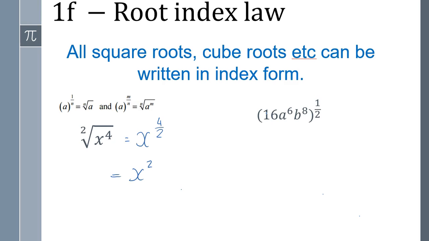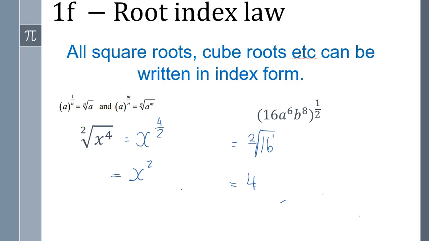Okay, but what we can do, we know that a half, we can rewrite it like this. So we can actually write square root of 16. Okay, so the square root of 16 is 4. So in that case, transferring it from an index format to a square root format helps us a lot.